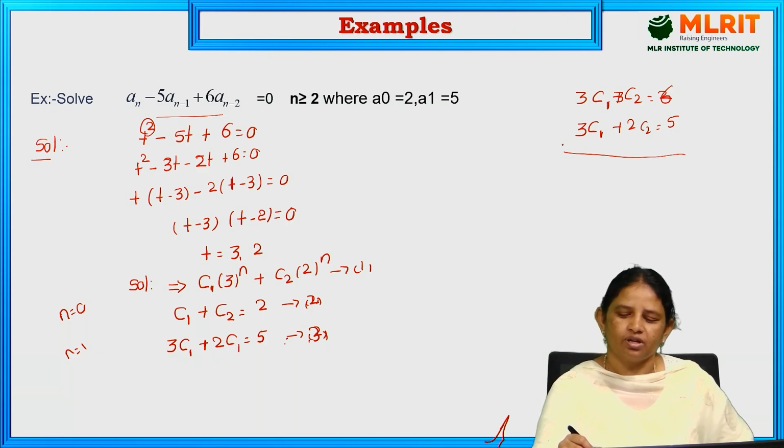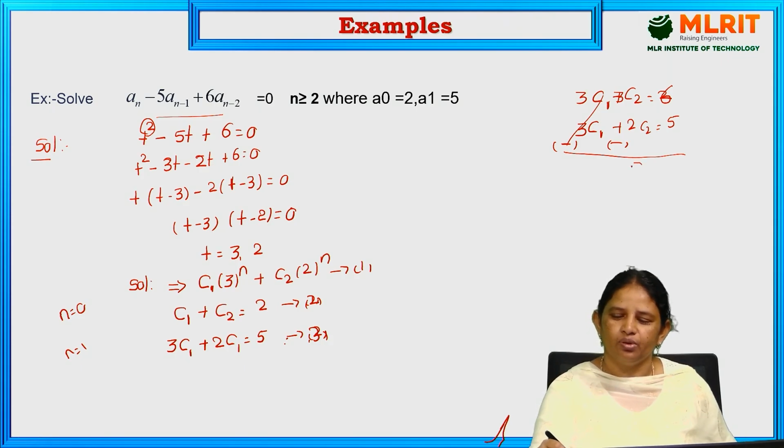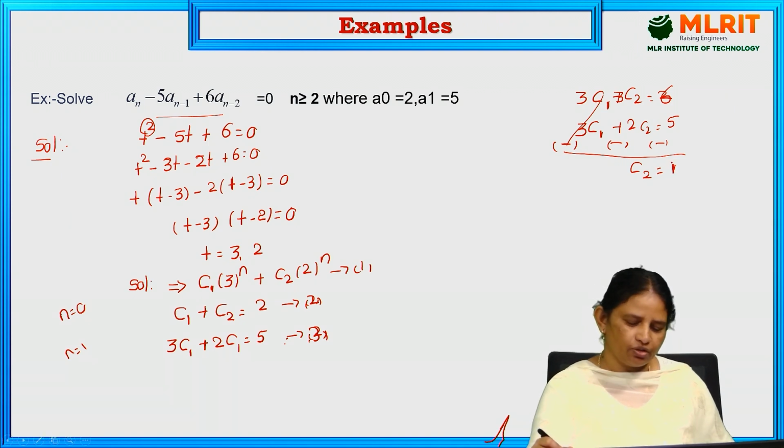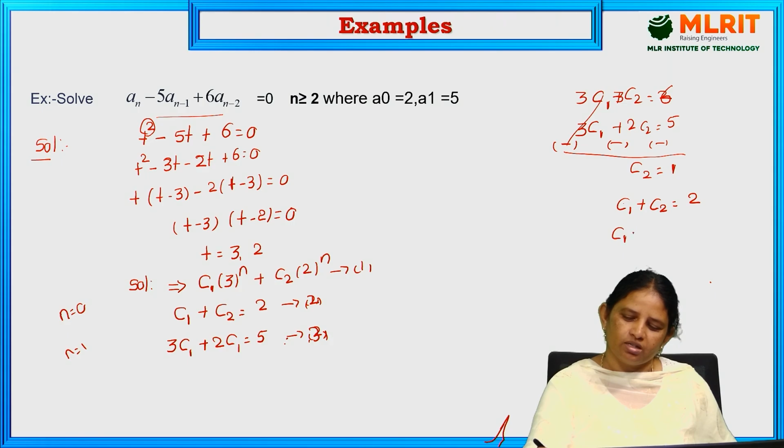After that we subtract. So 3c1 and c1 get cancelled. That is c2 equal to 1. Then according to equation number 1, c1 plus c2 equal to 2, then c1 plus 1 equal to 2, so c1 is equal to 1.